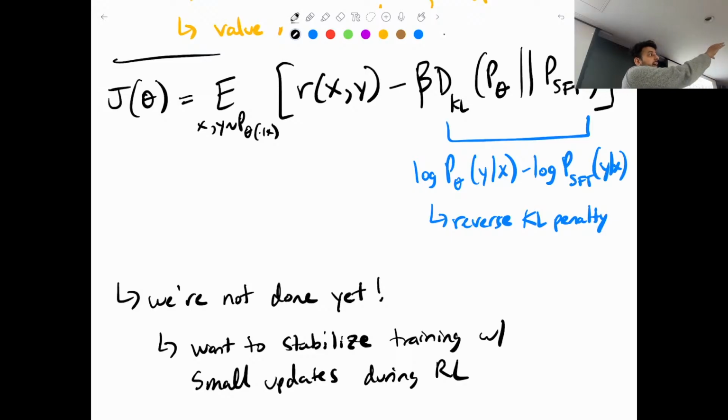But those areas would never be produced by the SFT model, probably because they don't make sense. They might be ungrammatical or have all these other artifacts that your reward model is just not capable of scoring properly.